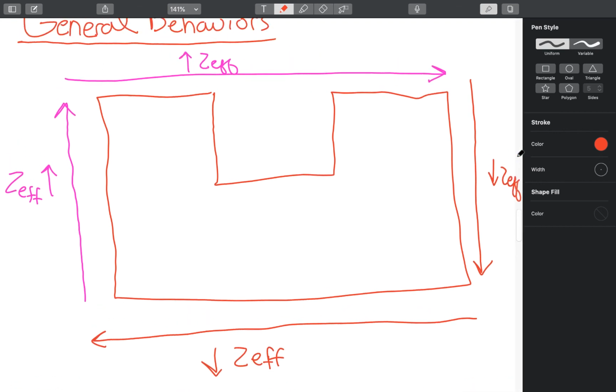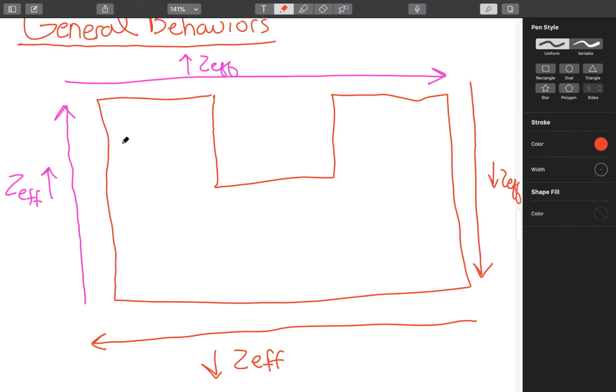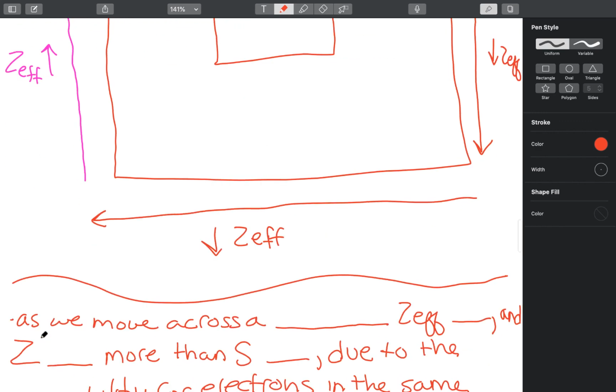So when you go from bottom to top, your effective nuclear charge increases, and when you go from left to right, your effective nuclear charge increases. However, when you go from top to bottom, your effective nuclear charge decreases, and when you go from right to left, your effective nuclear charge decreases as well.